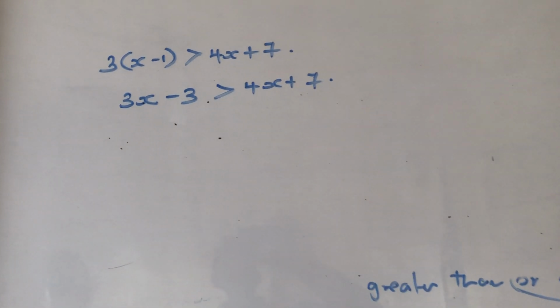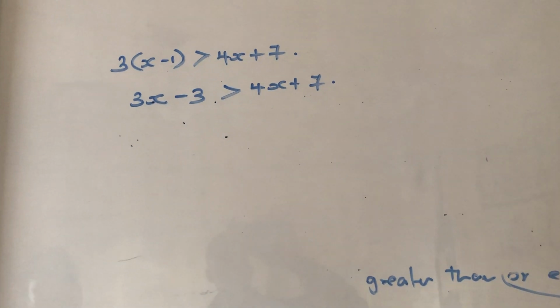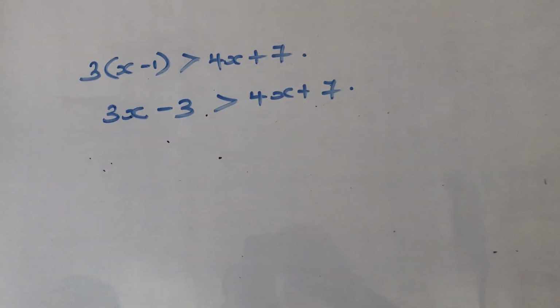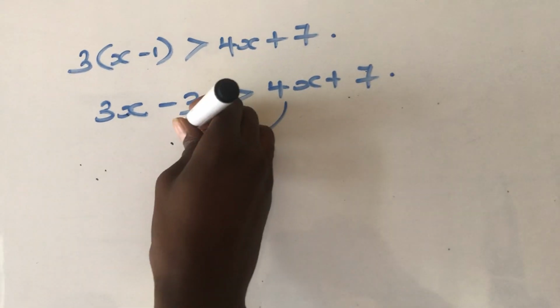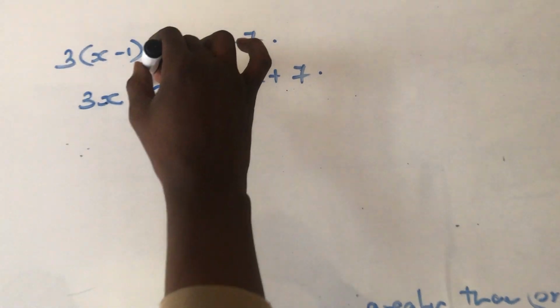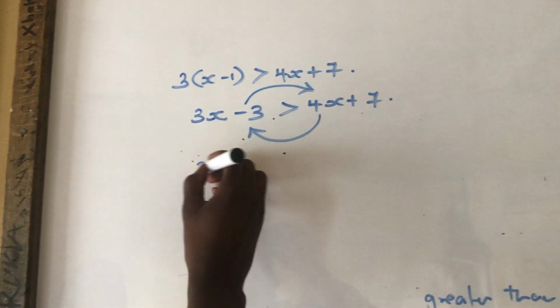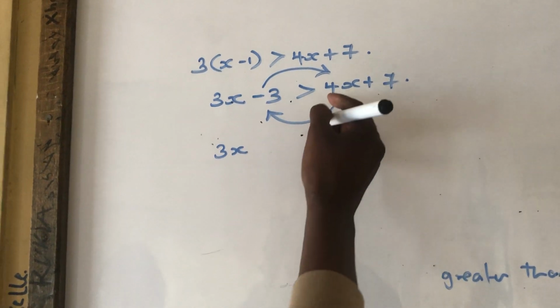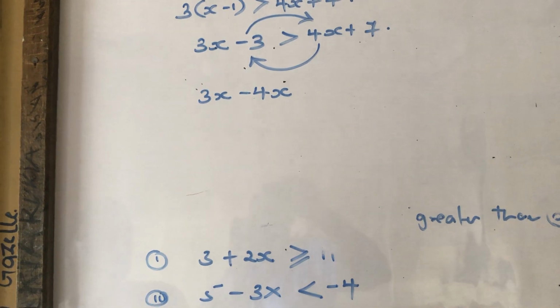Like we already mentioned, we will start by putting the like terms together if there is any. That will mean the 4x will cross over to this other side, then this 3 will move to the other side. So I will have 3x. If the 4x crosses over, the 4x will become a negative.